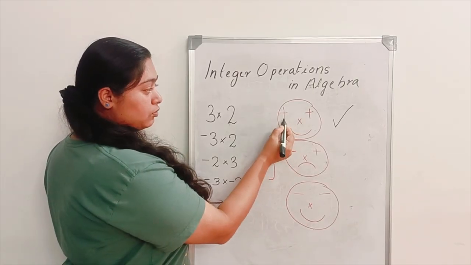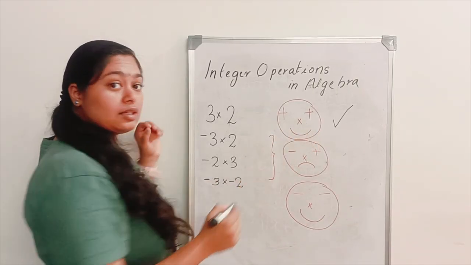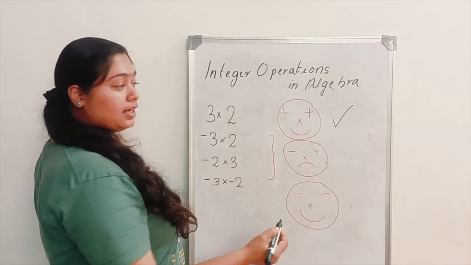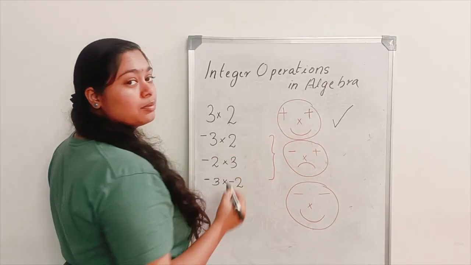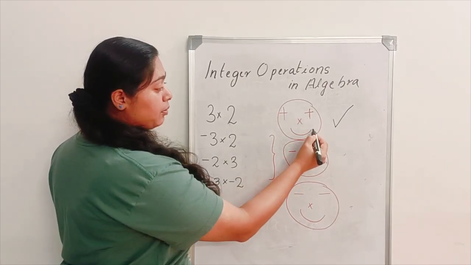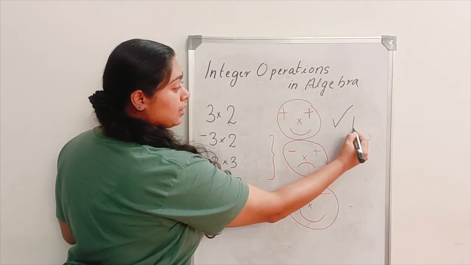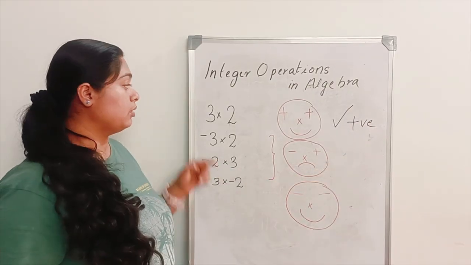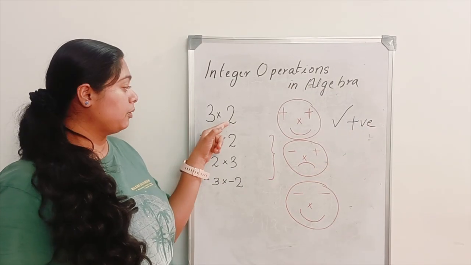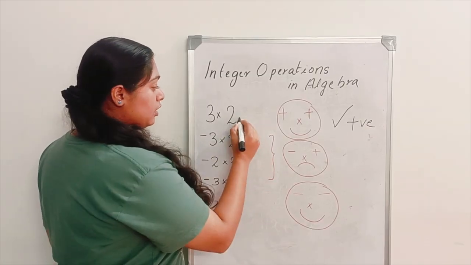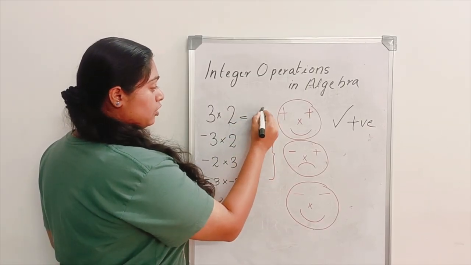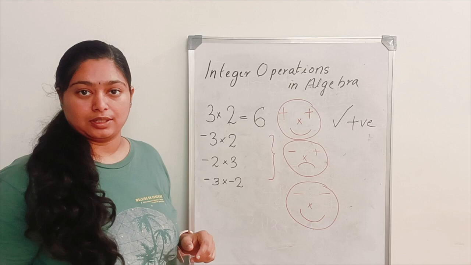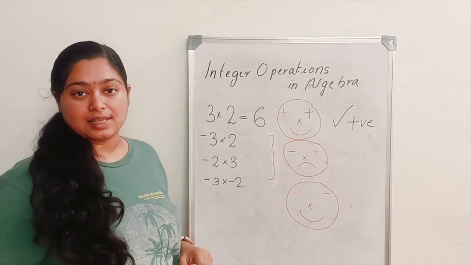A person with a positive eye, those are open eyes, he is very happy. The multiplication symbol is the nose. He has a happy smile indicating that he is very much positive. So please remember, a positive number multiplied by another positive number is positive itself. You don't have to put any negative symbol over there. So 3 times 2 is 6.